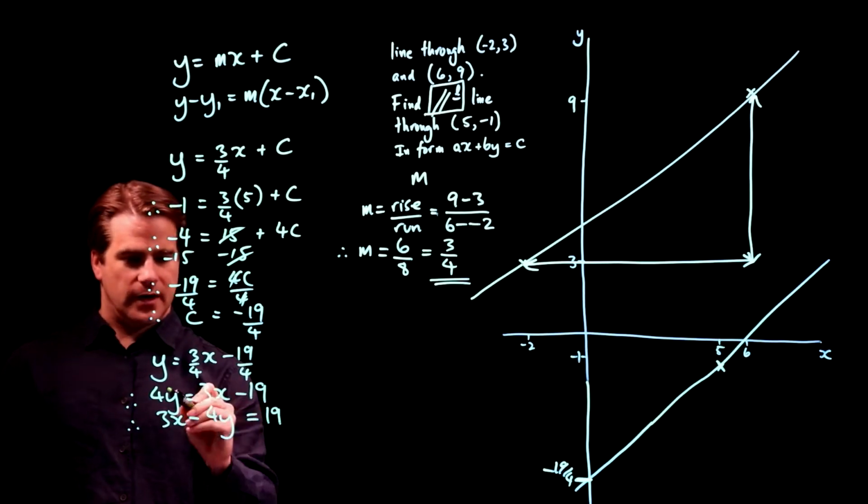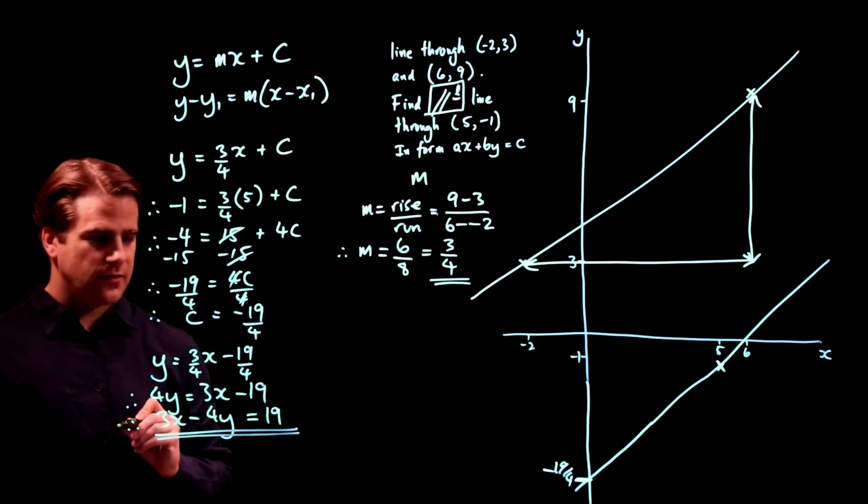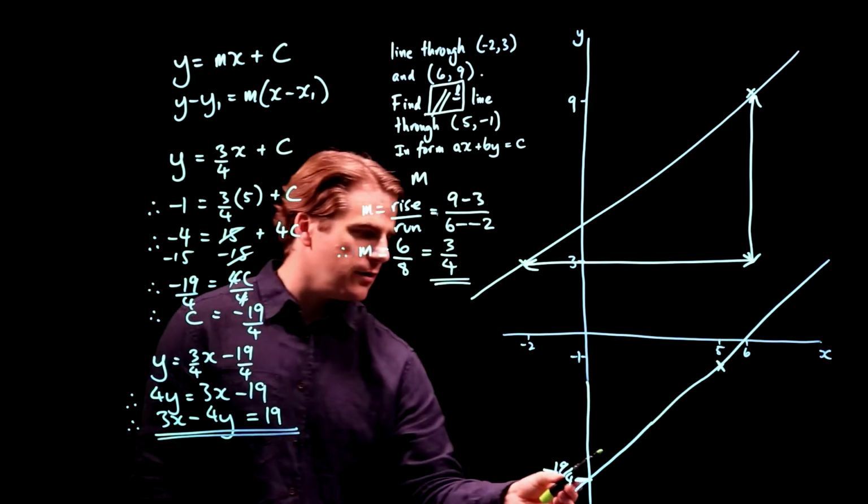That's right, 3x minus 4y is 19. Okay, and that's the equation of this line.